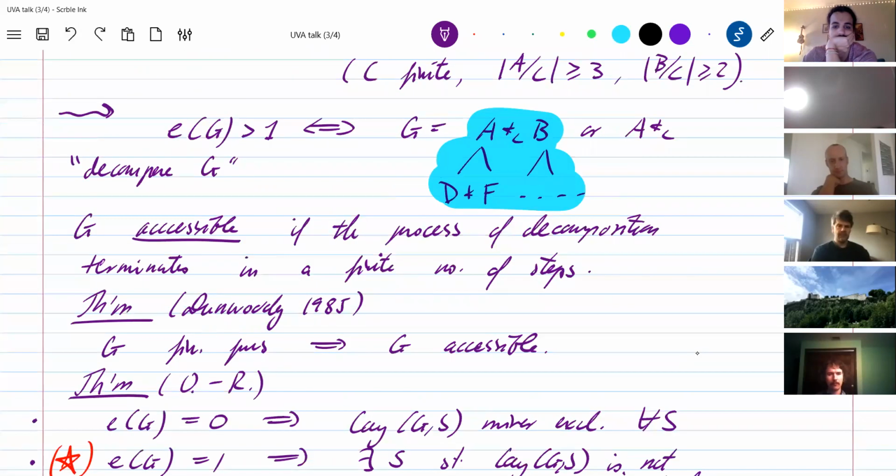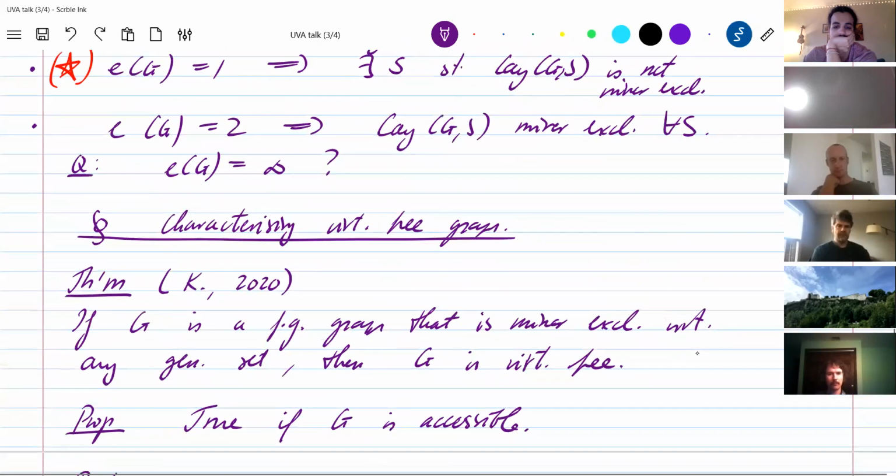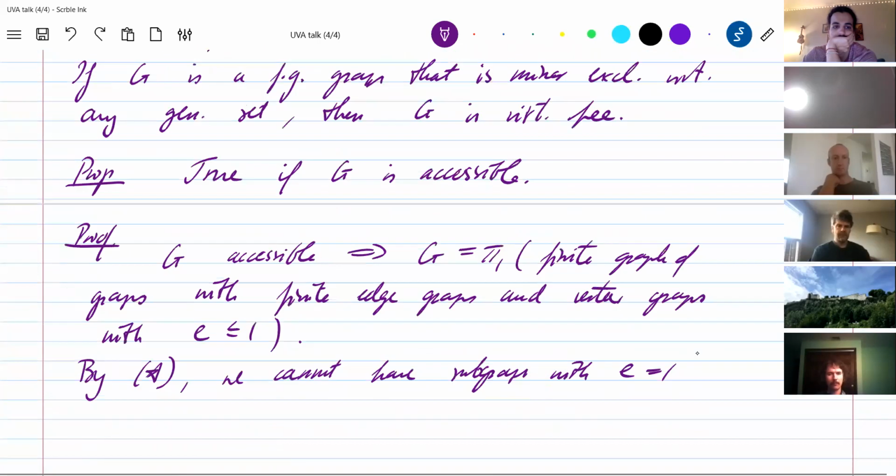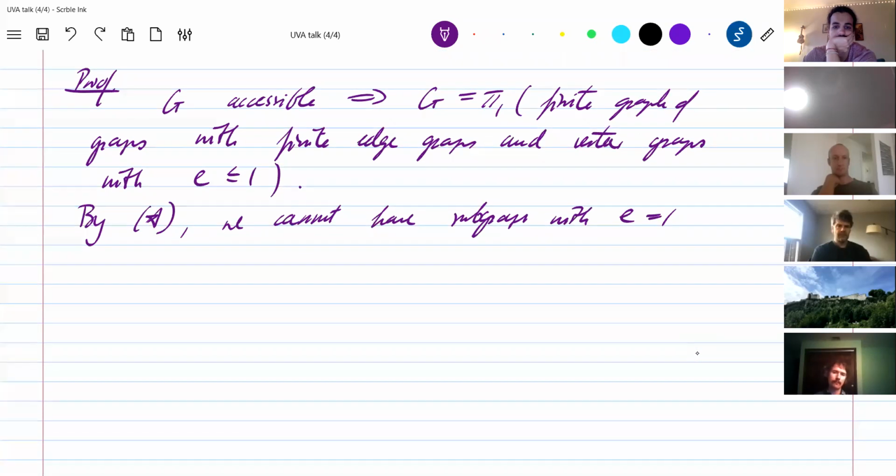So if we did have one of these subgroups that had exactly one end, then we could find a generating set for that subgroup with respect to which its Cayley graph was not minor excluded. And then I could include that generating set for the subgroup in a generating set for my whole group.